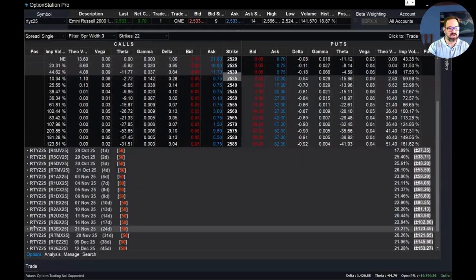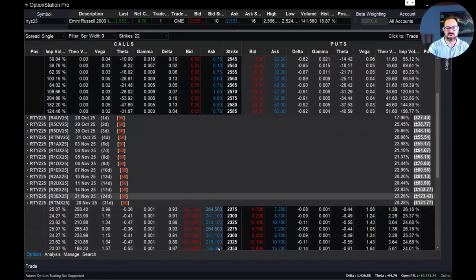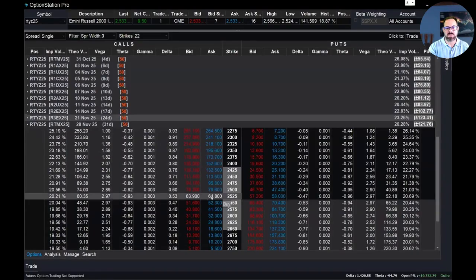And when you go further out in time, I'll just go out to 30 days here. And we were at 2530s at 0.09. So 2530, not available. So 2525s. And look at the Vega, it's up to 297 from almost nothing to $3. So there's a big difference, and that's just 30 days.